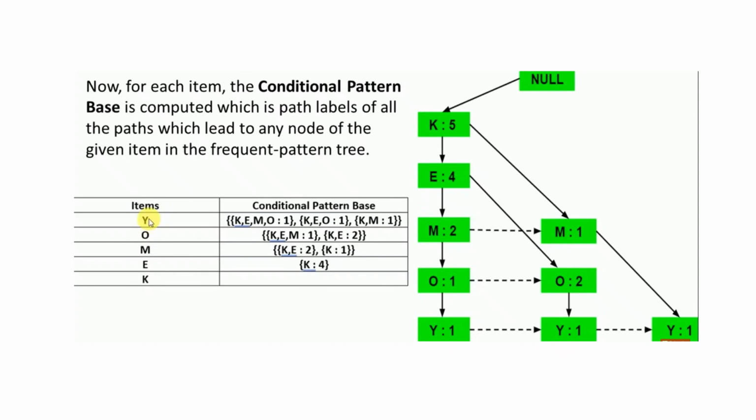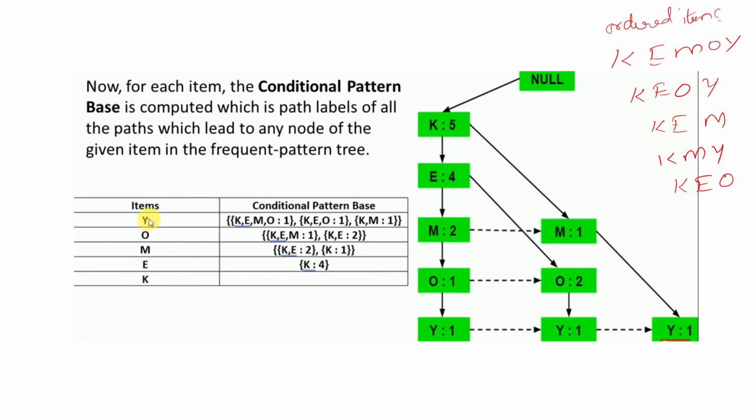Then for this we have to consider K. We already have the ordered item sets from the previous slide: K, E, M, O, Y. I'll write again because we need this ordered set: K, E, O, Y, then K, E, M, then K, M, Y, then K, E, Y. These are the ordered item sets.